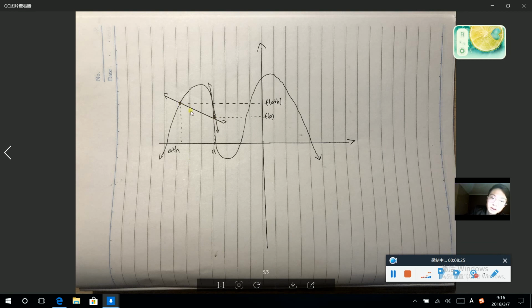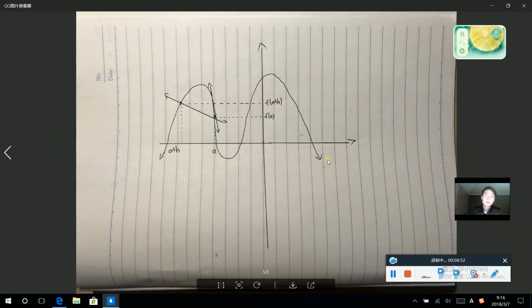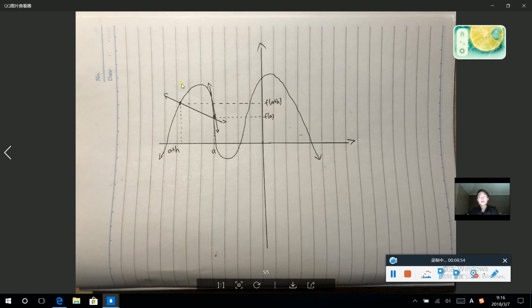It increasingly kisses it and approaches it. I deem that this is the chief distinction between the formula of the slope of the secant and the slope of the tangent: this part, the limit as h approaches 0, as I mentioned before.